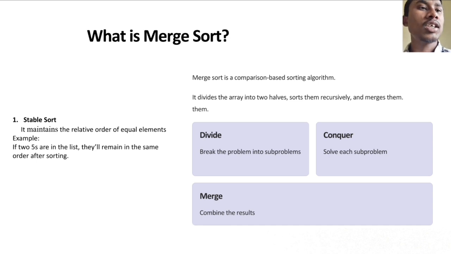So this merge sort is a stable sorting. It maintains the relative order of equal elements. For example, if two equal elements are in the list, they remain in the same order after sorting also. So it is basically a divide and conquer method.